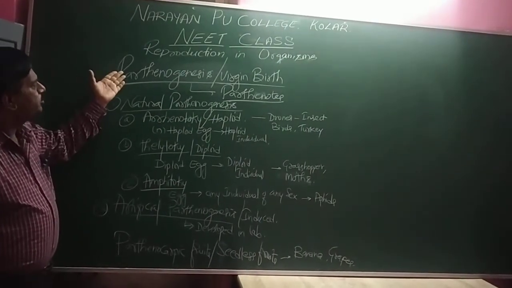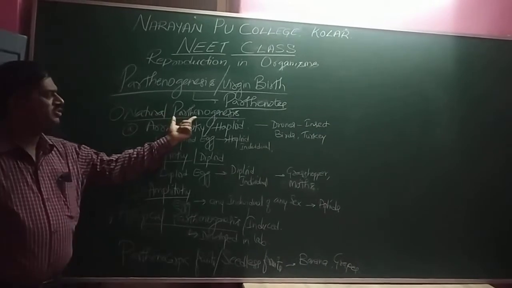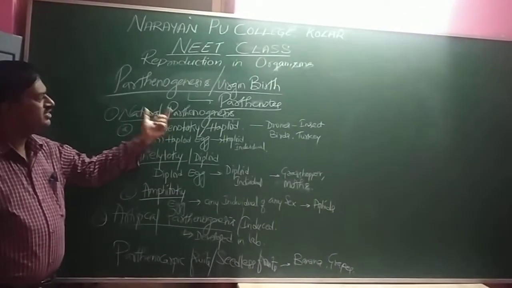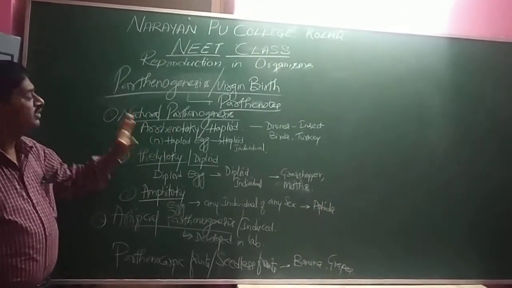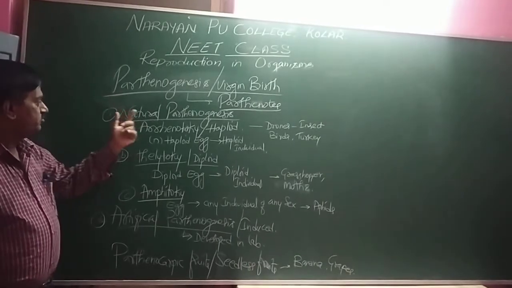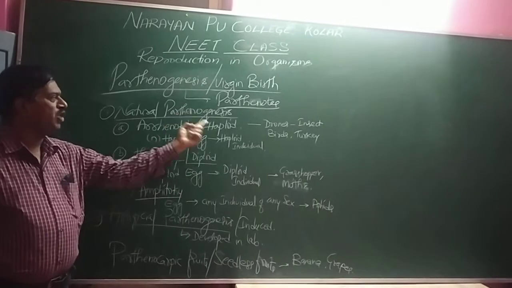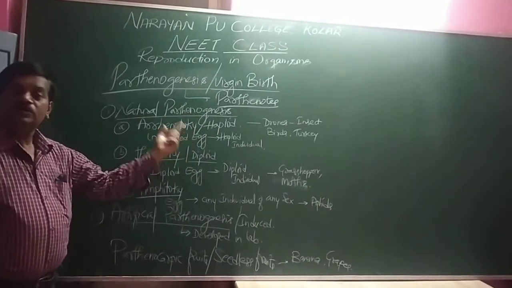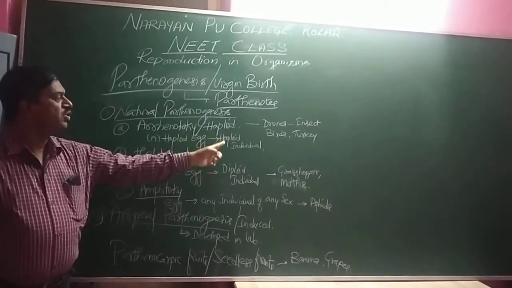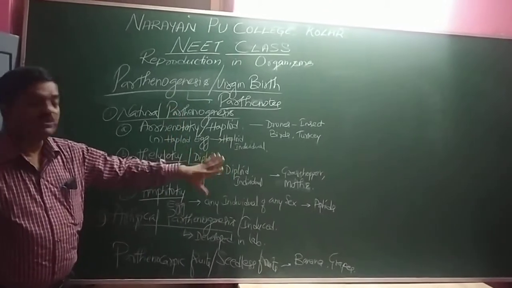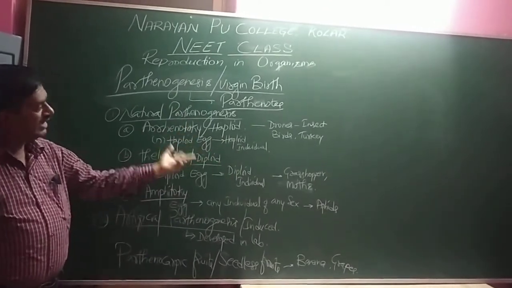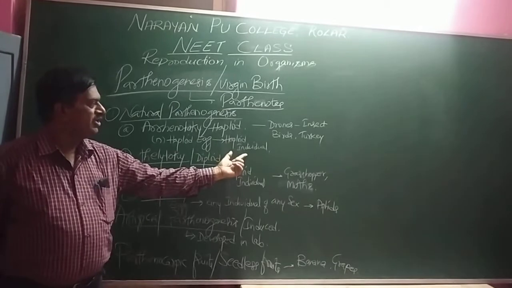There are two types under natural parthenogenesis. Natural means it occurs naturally without any induction. The first is arrhenotoky, also called haploid parthenogenesis. Here, the haploid egg directly develops into haploid individuals.